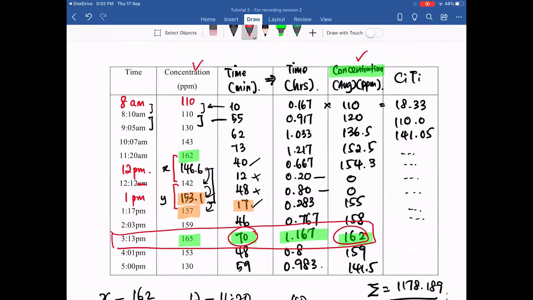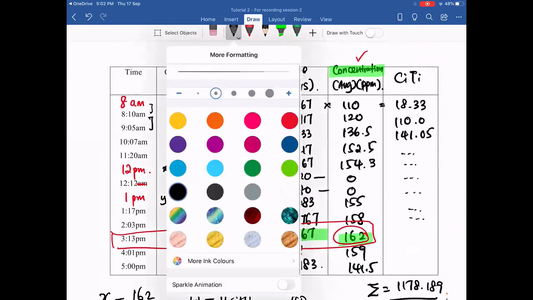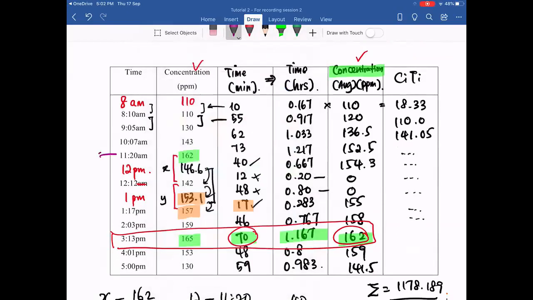As an engineer, it then becomes our job to find out what happened. Why is that so? We want to find out what happened during these periods of time over here and over here.